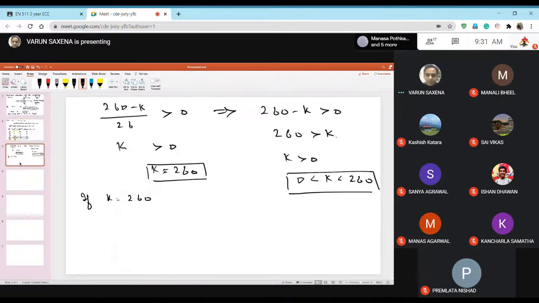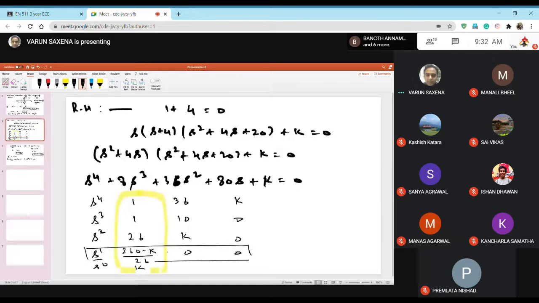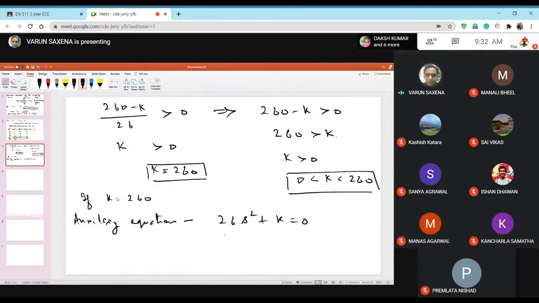The auxiliary equation is 26s squared plus K equal to 0. I have taken K to be 260.